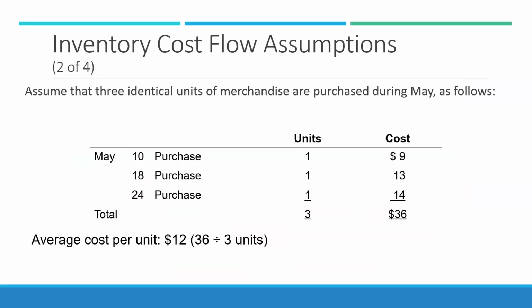For example, we have a business that has purchases, and this is as simple as it gets. Only one unit was purchased every time: one for $9, one for $13, one for $14. So the total cost is $36, which is an average of $12 per unit.